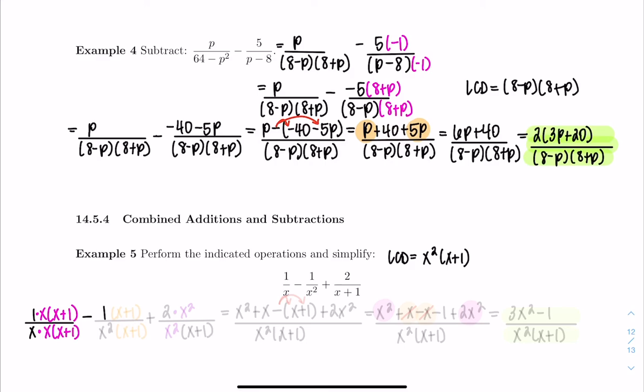In the second fraction, I already have the x squared, and so the piece that I'm missing is just the x plus 1. In the third fraction, I have the x plus 1, but what I'm missing is the x squared. And so I'm going to multiply the top and bottom by x squared.